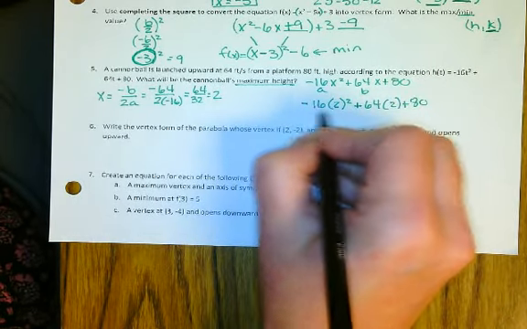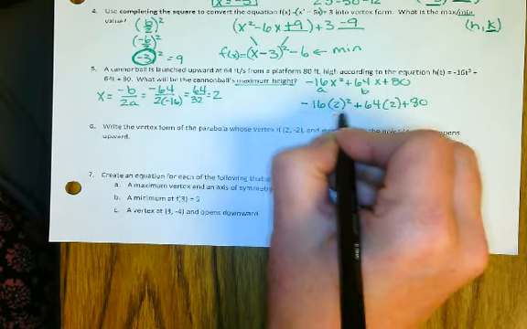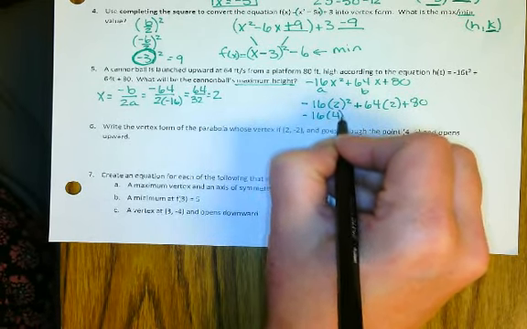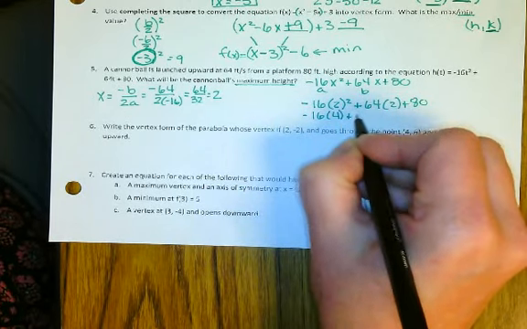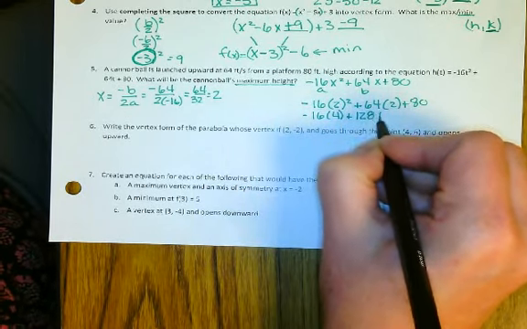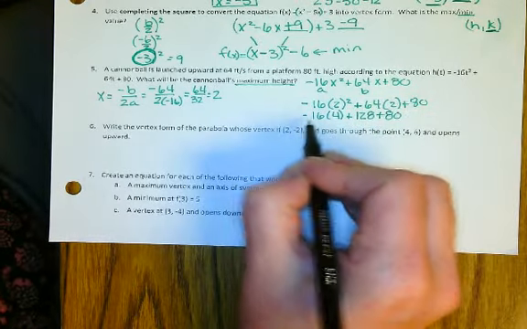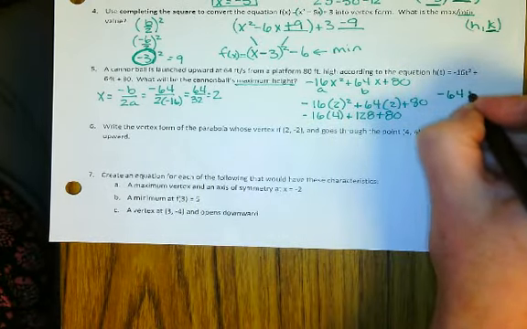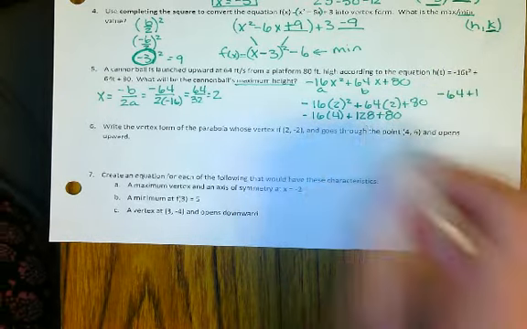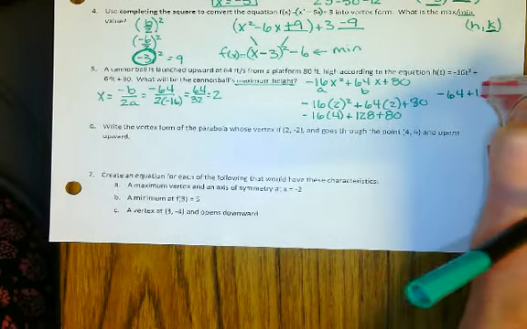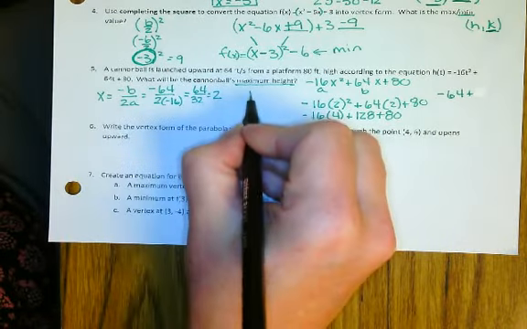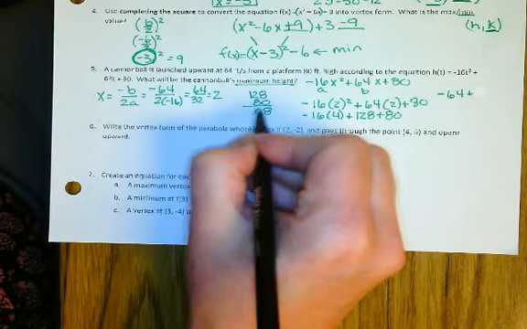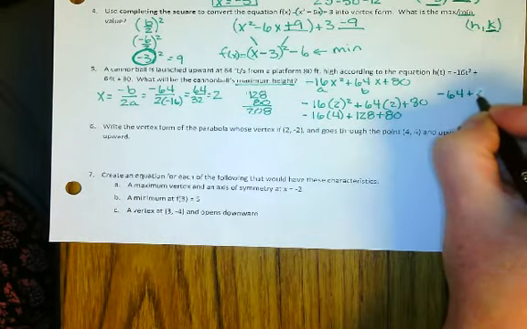Now, do not multiply these two first. You have to do your parentheses and exponents first. So negative 16 times 4 plus, that'll give me 128 plus 80. Negative 16 times 4 gives me negative 64. If I add those up, 128 plus 80 gives me 208.